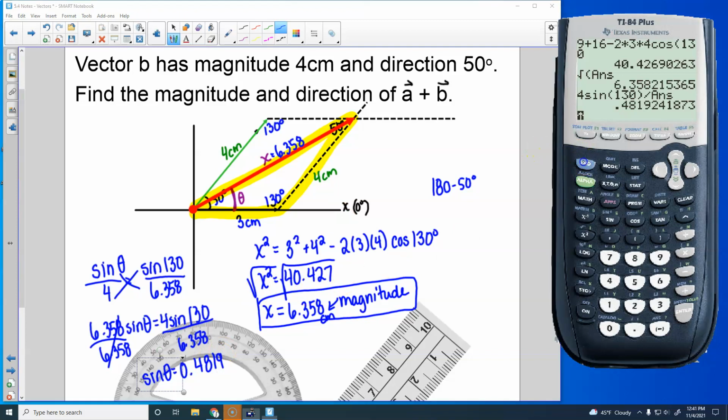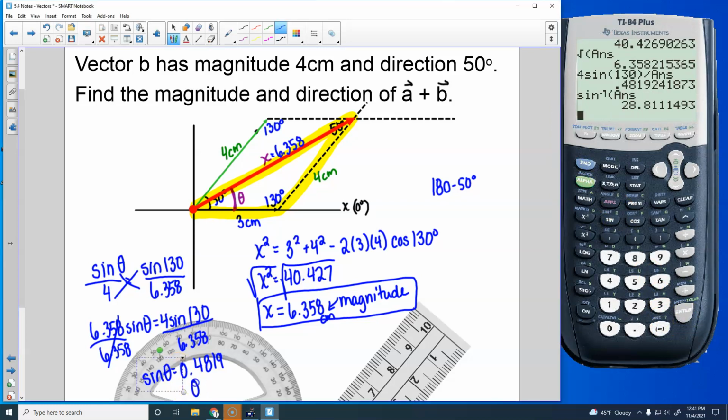We will do sine inverse, and so theta is going to be 28.811 degrees. This is our direction. So that's the other piece of our answer.